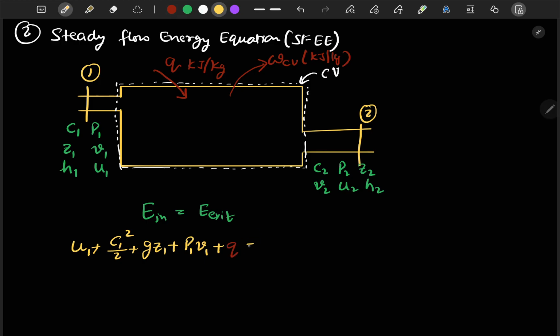This will be equal to the exit fluid at u2 plus kinetic energy with velocity c2, potential energy gz2, flow work p2v2, plus work done wcv exiting from the system.